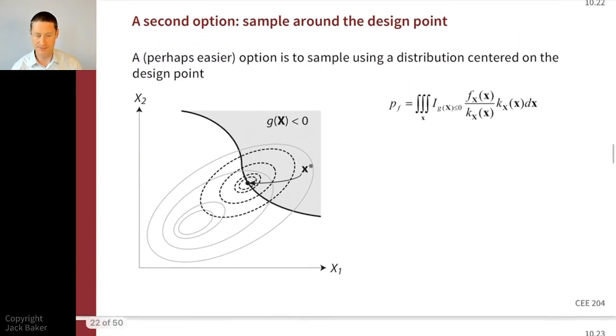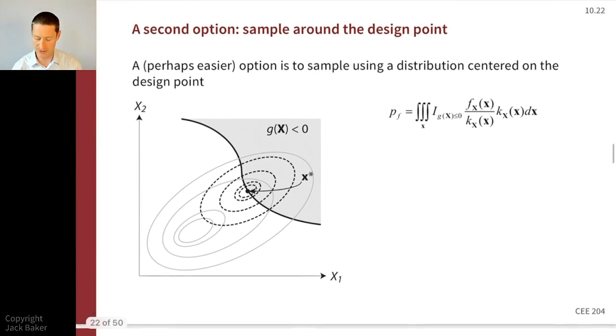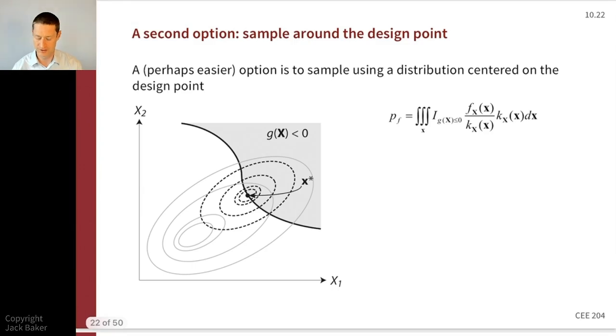More frequently, we can also use our FORM results, but put our sampling distribution centered at the design point, okay? The idea here would be to do a FORM calculation again, find that design point, and then, to illustrate this, the gray lines are the original PDF contours, and we find the design point X star, so we're back in X space now.